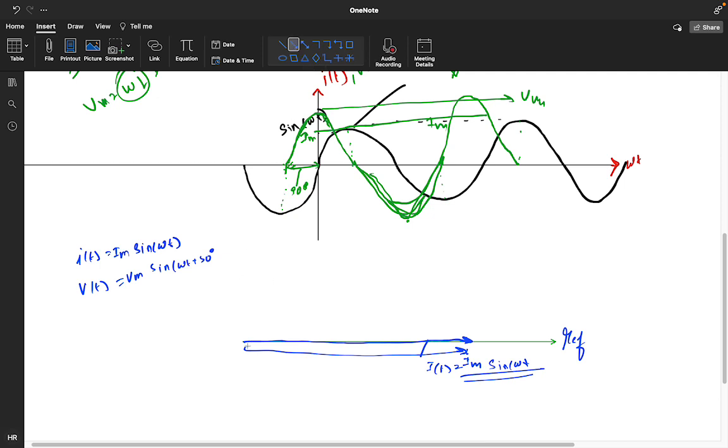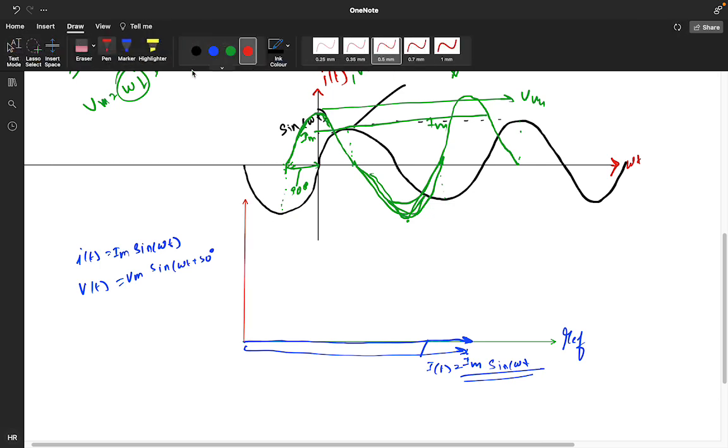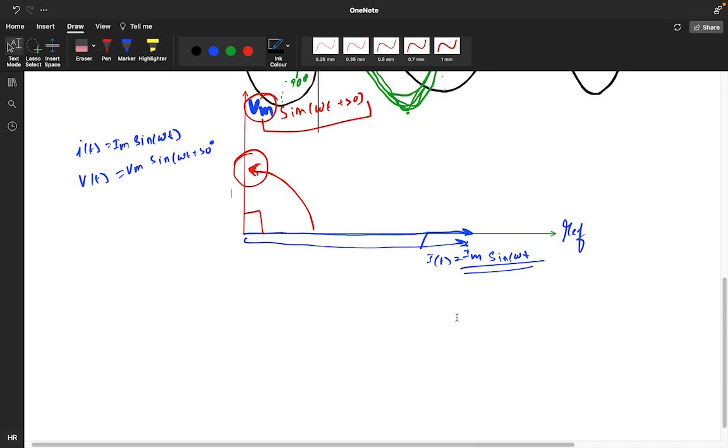This particular value I am taking as Vm sine omega t plus 90 degrees, which means your voltage is 90 degrees ahead. So we can say, for an inductor, V leads current by 90 degrees.